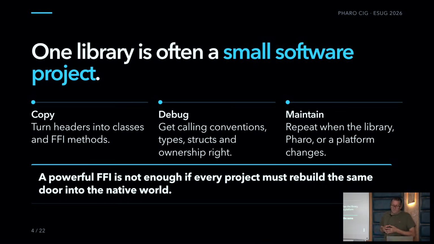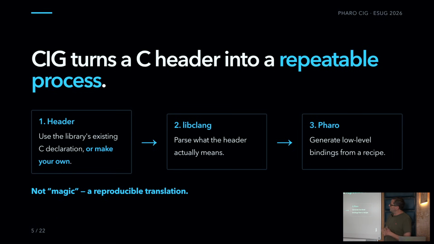So when you have a real project, and everybody has real projects, and you have to do the same work again and again by hand, this is not enough. An FFI is not enough. So what CIG does is what a compiler does.